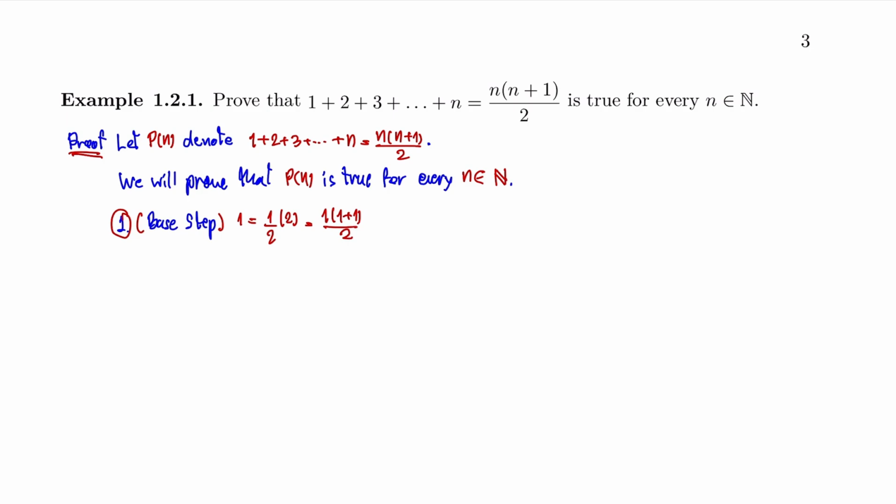It's like we plug in n equals 1 and show that 1 equals 1 times 1 plus 1 over 2. So we have the base step, hence P1 is true.